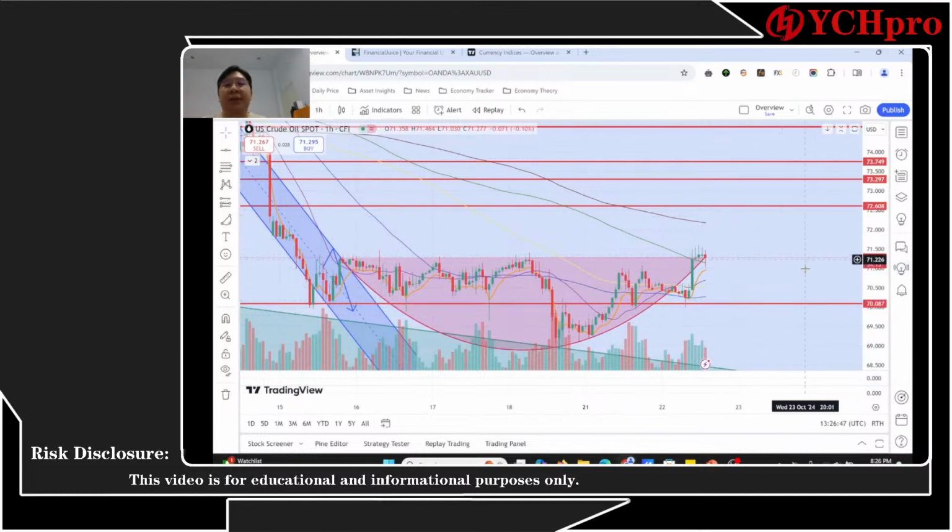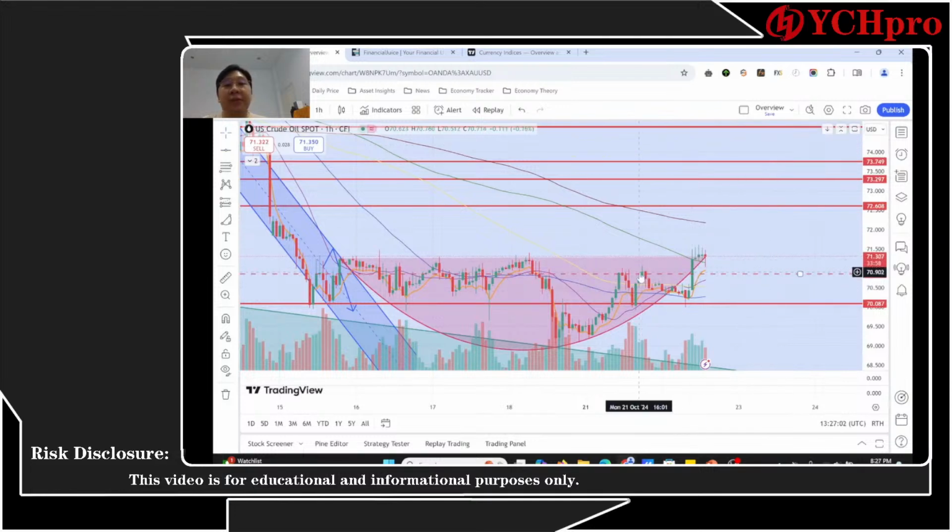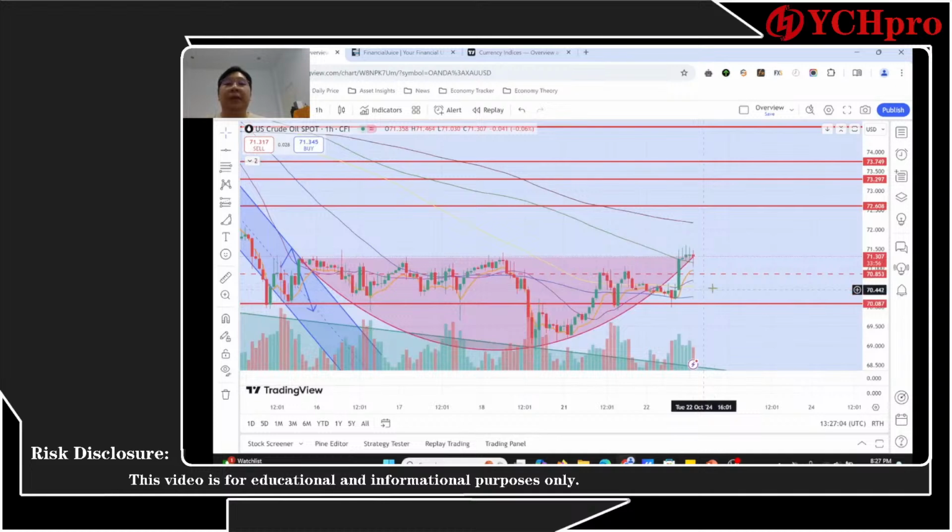Try to buy around these current prices, and put your stop losses at around $70.87, around this price. Put your stop losses around that if you would love to trade on the oil side.